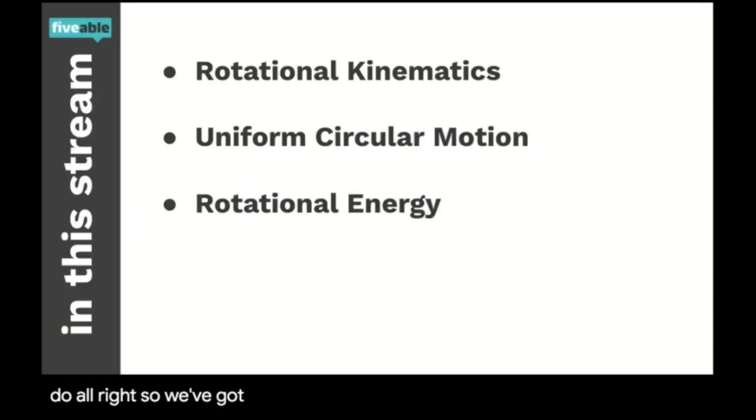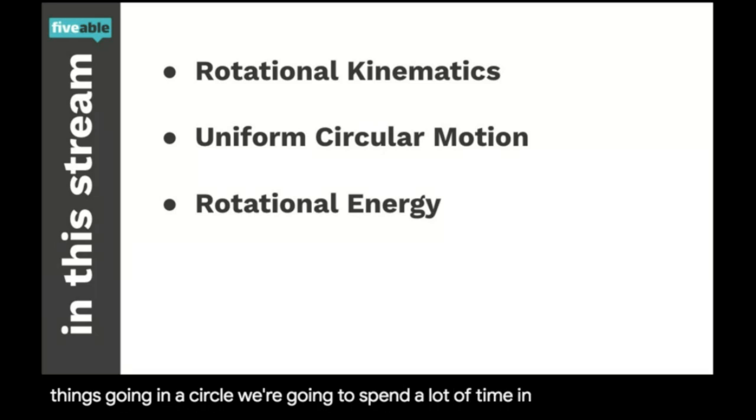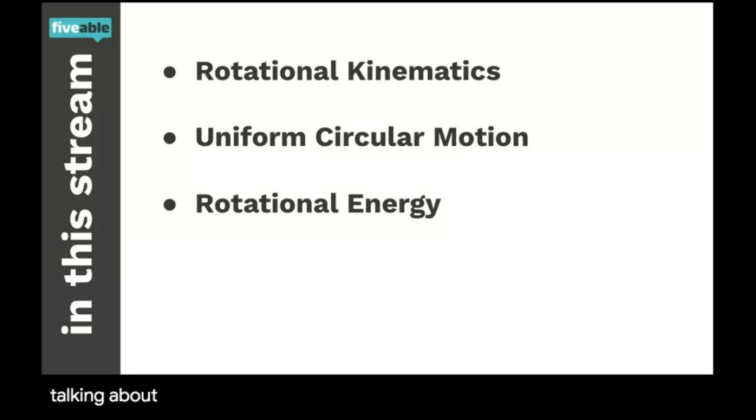We've got 3 big topics in this stream today. The first one is rotational kinematics. That's going to be a lot of vocab and language conversations about what happens when we look at things going in a circle. We're going to spend a lot of time in our hour today talking about uniform circular motion.